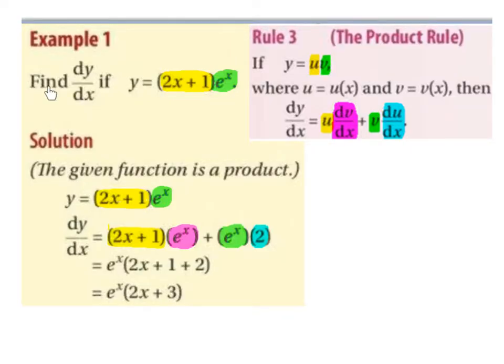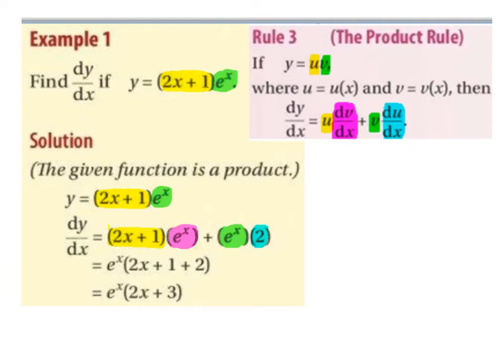Example: find dy dx if y equals 2x plus 1 times e to the power of x. Since 2x plus 1 is stuck onto e to the power of x, they're multiplied, so we're going to use the product rule. So 2x plus 1 is the u, and e to the power of x is the v. So dy dx equals u, which is 2x plus 1, multiplied by dv dx.